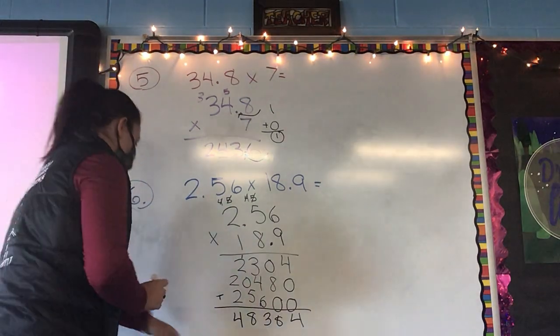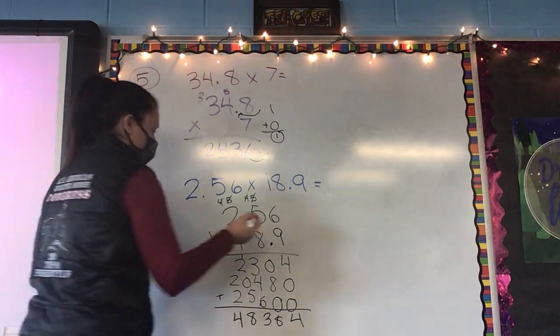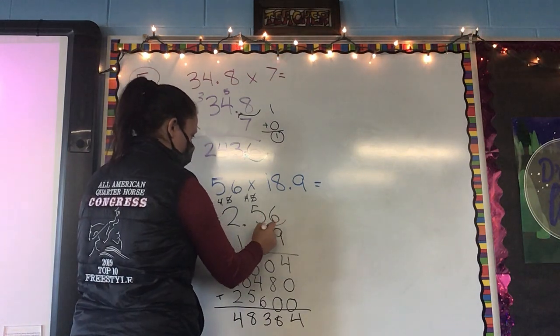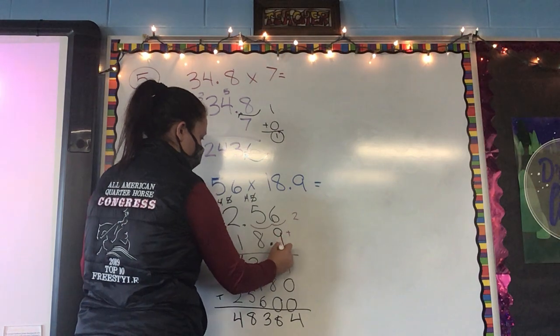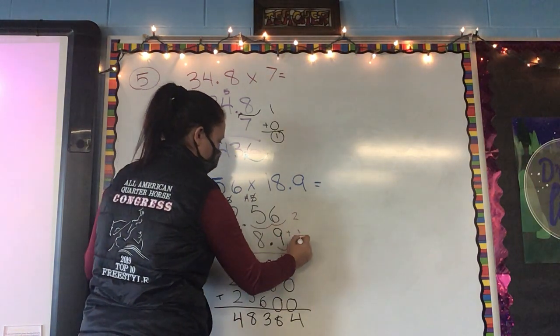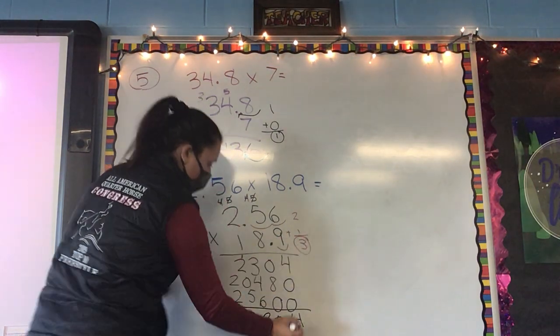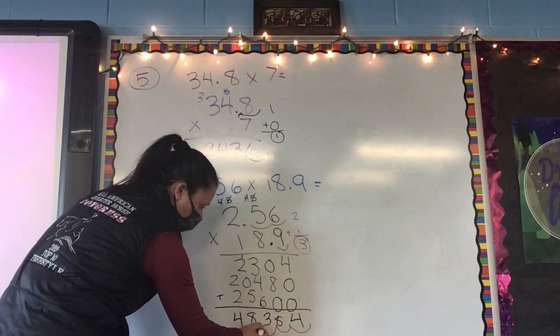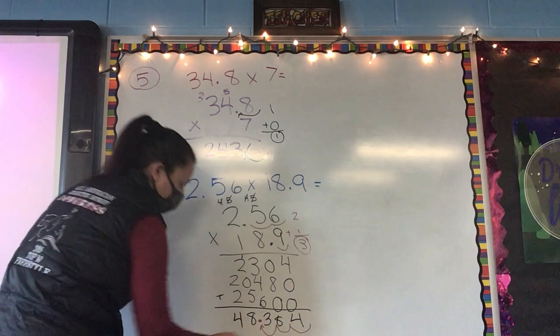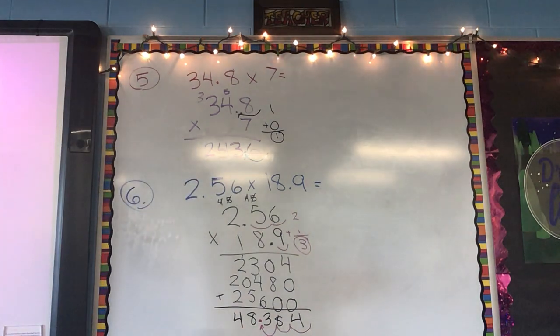No. I need to count my what? Decimals. Okay, here we go. 1, 2 here, plus how many here? For a total of 3. Come down here. 1, 2, 3. Oh, I was just one digit off. Give me a thumbs up if you guys got that. Nice. Good job, guys.